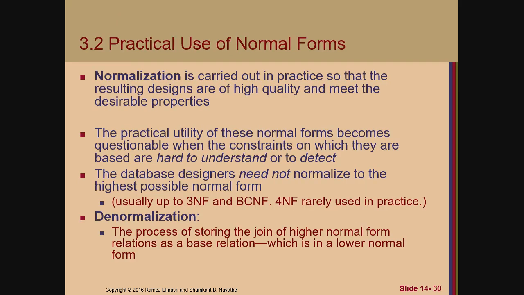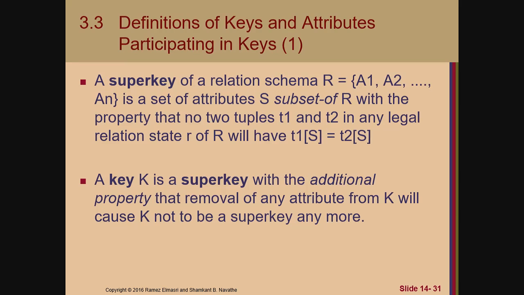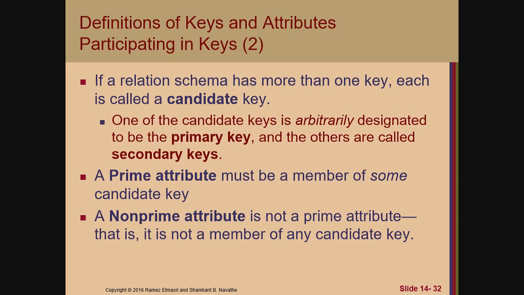Before you can do that, you have to understand the super key. What are they? The key and the super key, and then candidate key. The other keywords are prime attribute and non-prime attribute. A prime attribute is a member of some candidate key.